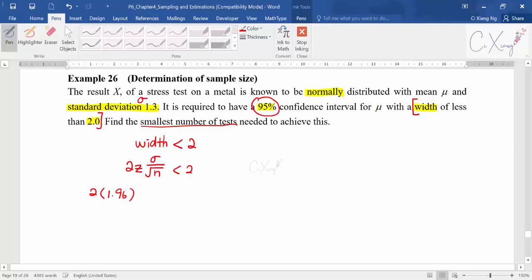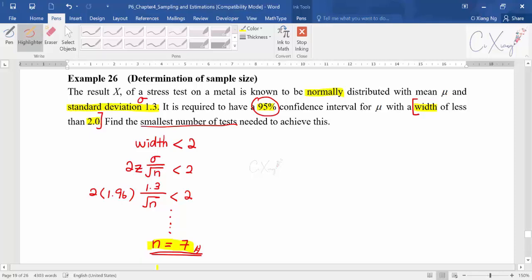What is the sigma? 1.3. And you don't know n. And smaller than 2. So if you continue with this solution, your n should be equal to 7. Because n must be a whole number, right? Number of samples should be a whole number. The sample size, so n should be equal to 7.